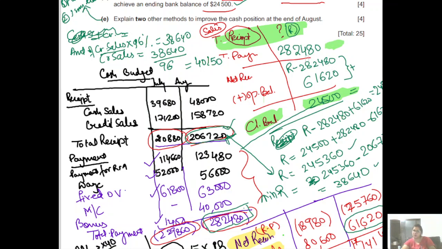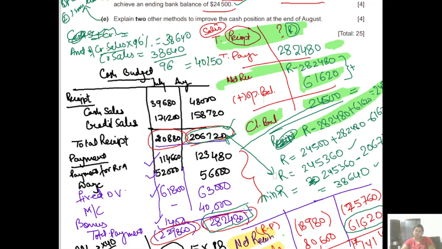Okay, so net receivable is what? Receipt minus payment, and then we are going to add the opening balance so that we can find out the closing balance. It is already given. So from this equation we easily find out the receipt.